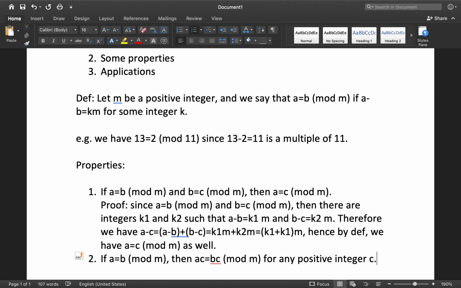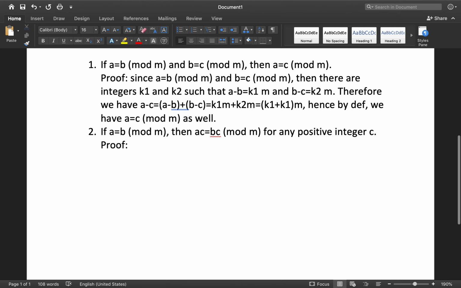So how do we prove it? Let's just prove it. Well, to prove it, we again apply the definition. Because a is congruent to b, we have a minus b equal to m times k, for some integer k. Therefore, we can use this equation.